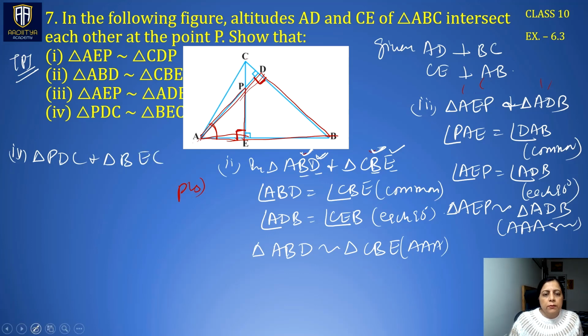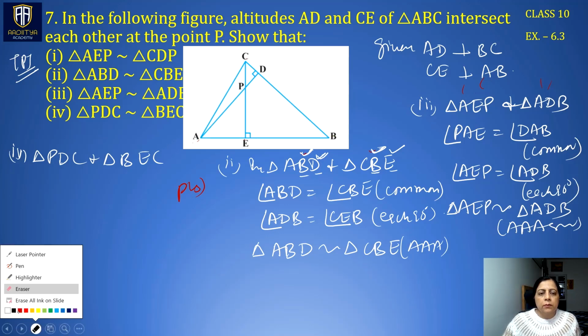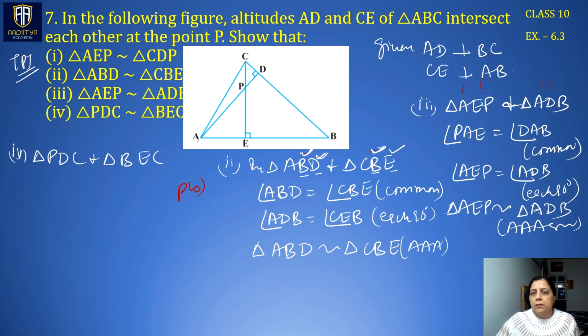Now mark these figures. PDC is this small triangle, right? And BEC is this bigger triangle, this outer bigger triangle. Now look for the letters which are corresponding. C and C. C is common. CPD and BEC both have angle C as common.